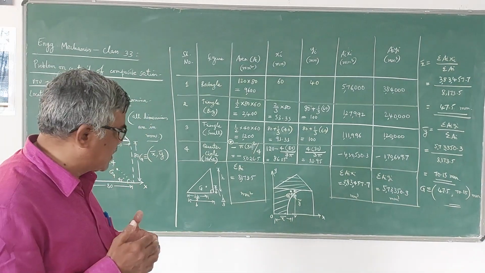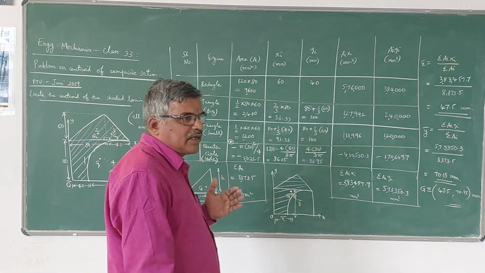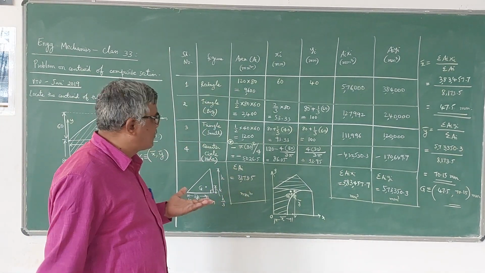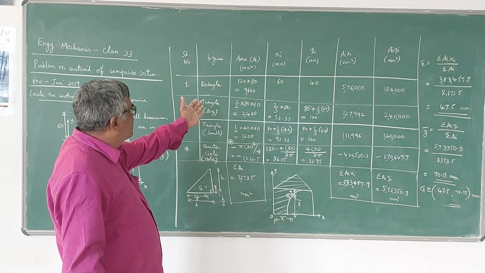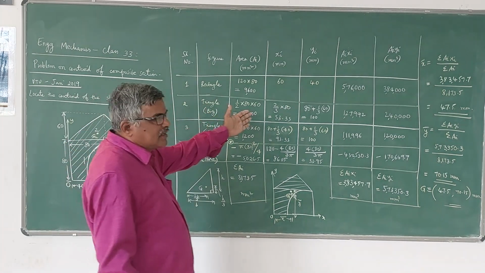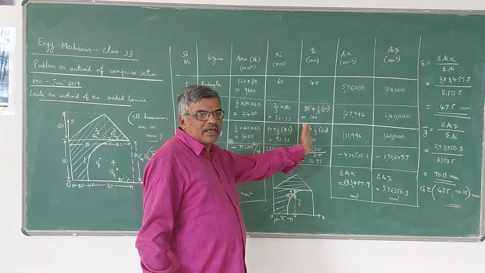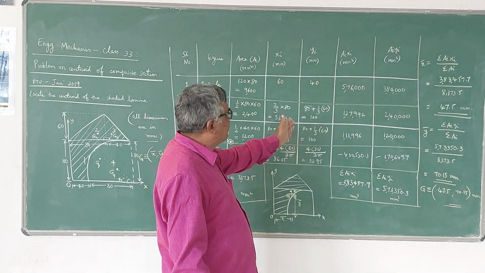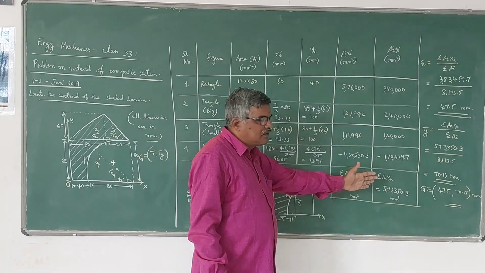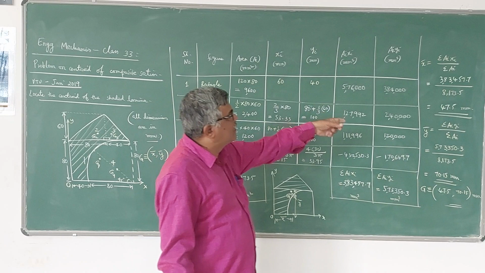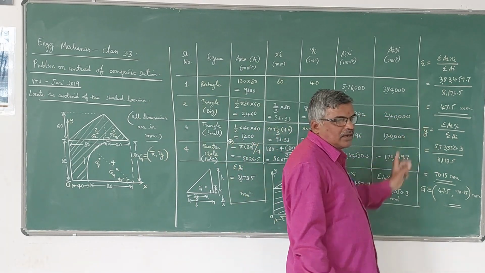Only one thing is enough, because the centroid lies on the axis of symmetry. Then write down the simple sections, their areas, distances of their centroids from the reference x and y axis. Then take the products, take their sum. Then use the respective formula to find x bar and y bar.